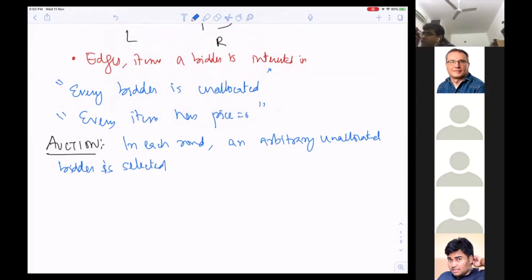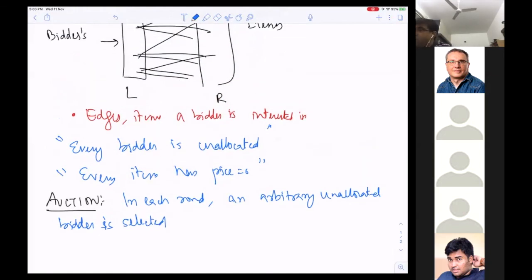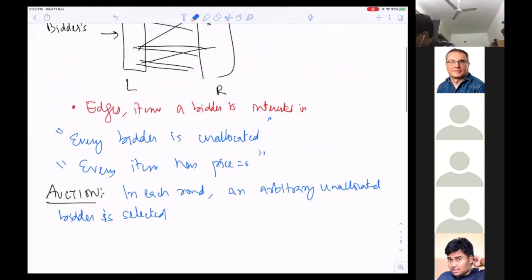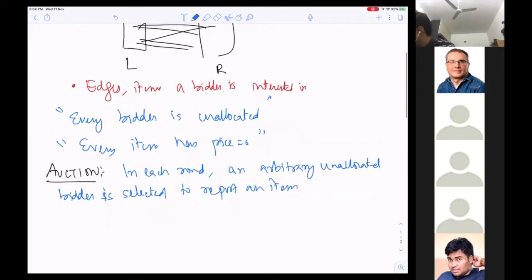So you just select one arbitrary bidder. He is selected to report an item he would like to have, so only his neighbors, with minimum price.